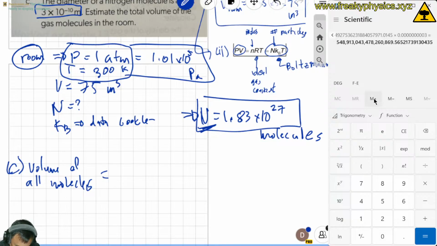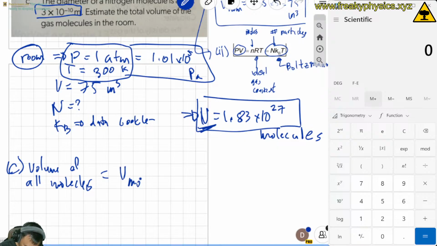So let's redo that. So find the volume of the molecule first, times N, right? You're right. So this is the diameter. We find the radius first. So the radius is 1.5 exponent negative 10. Then we're gonna square that, right? No, not square, because volume.